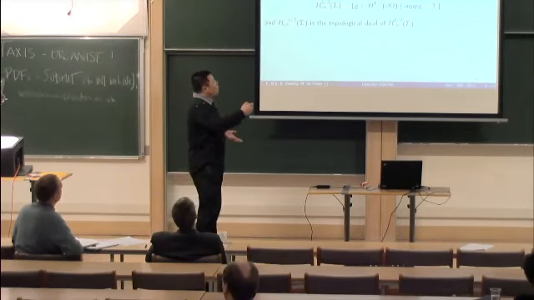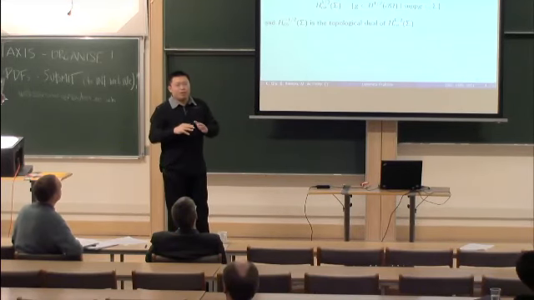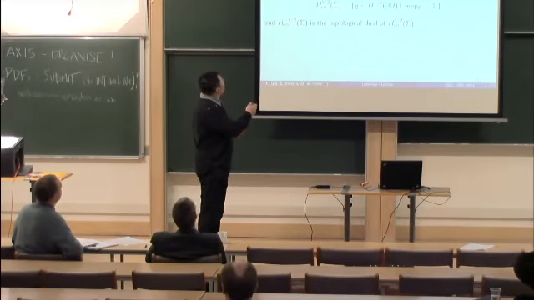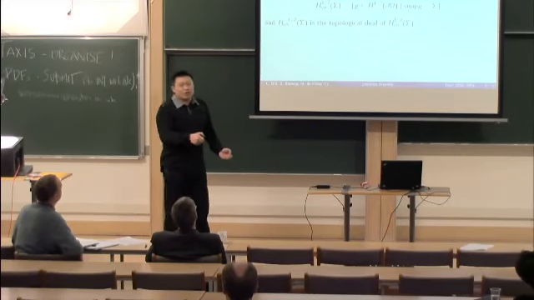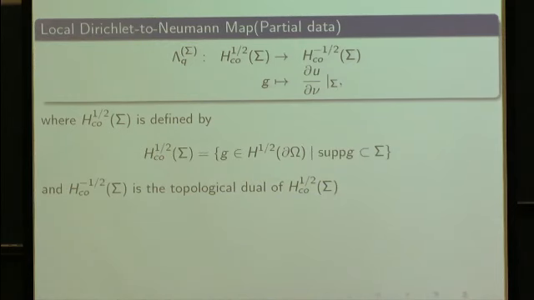If this Sigma is the whole boundary, partial Omega, then this Lambda_q is just the Dirichlet-to-Neumann map, the full data. But this Sigma is the open portion of the boundary which we can access. That means where you put your receiver and source. So this is the partial data. Actually, our result applies to the partial data.